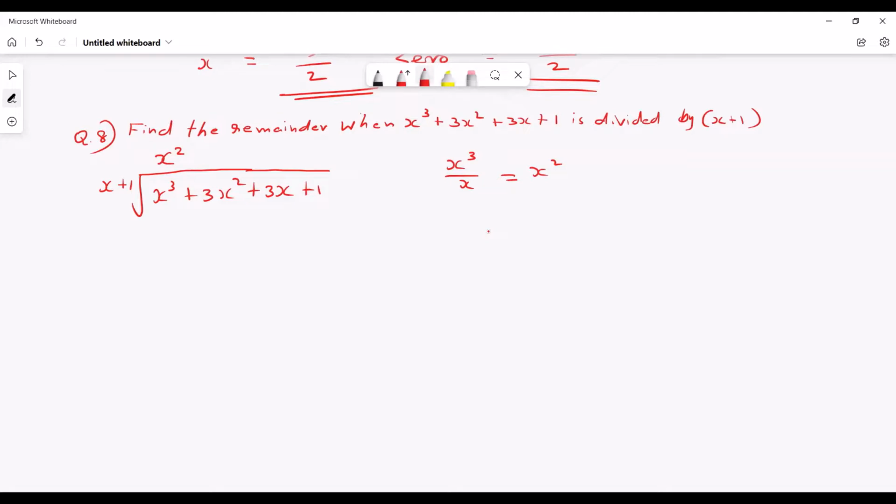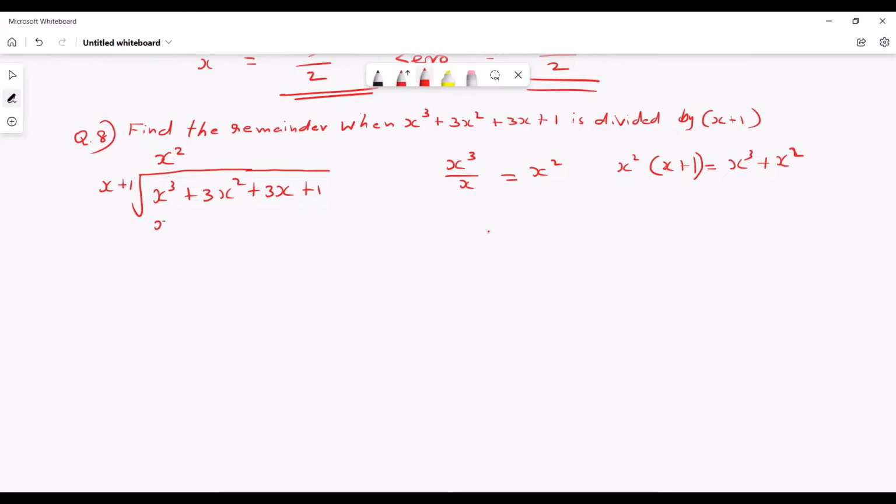Now multiply x plus 1 with the x square. So x square into x means x cube, then x square into 1 means x square. So write this answer here.